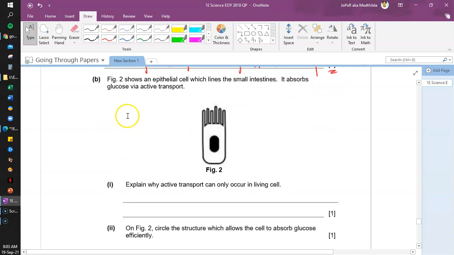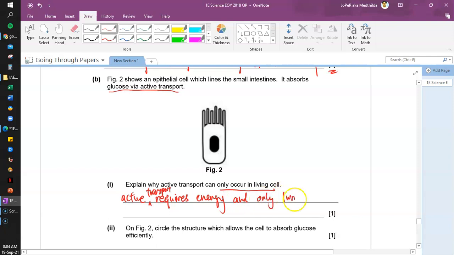Now part B. Figure 2 shows an epithelial cell which lines the small intestine. It absorbs glucose via active transport. Explain why active transport only occurs in living cells. The idea here is that active transport requires energy, and only living cells are able to respire.